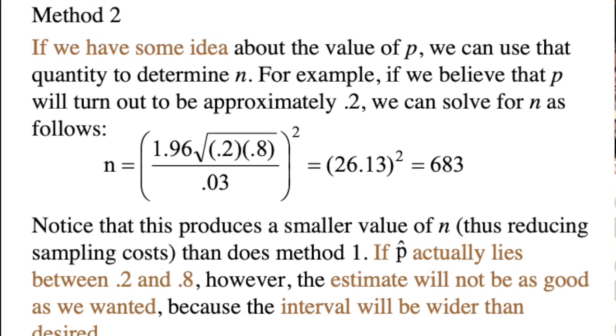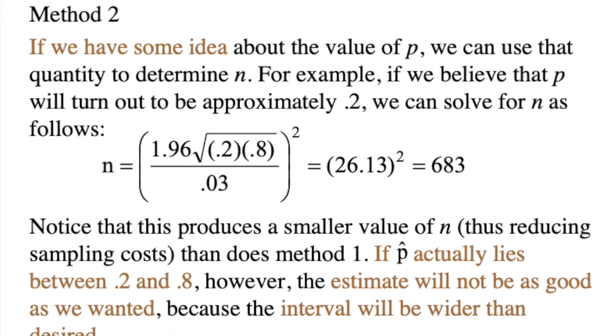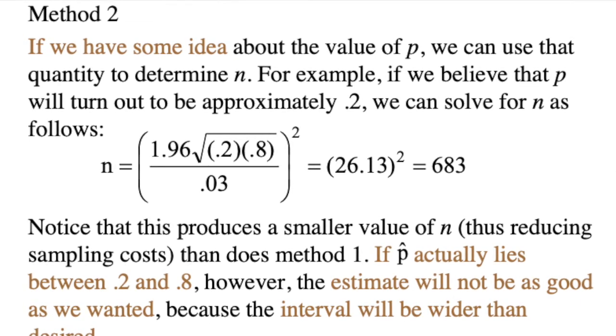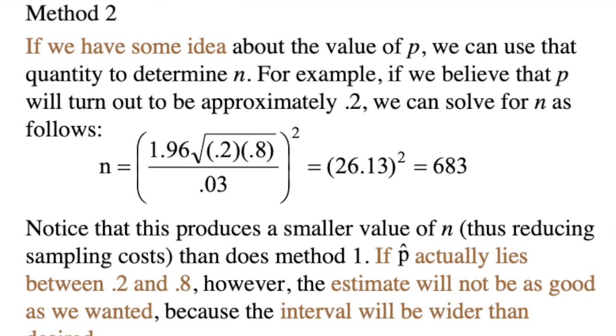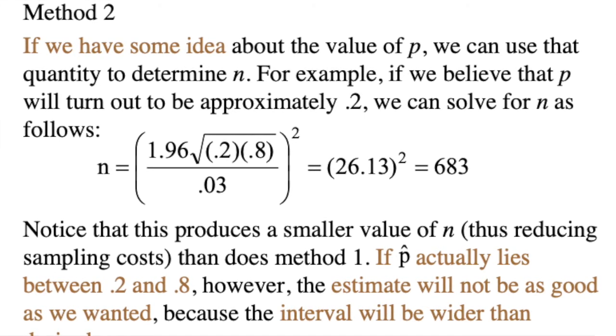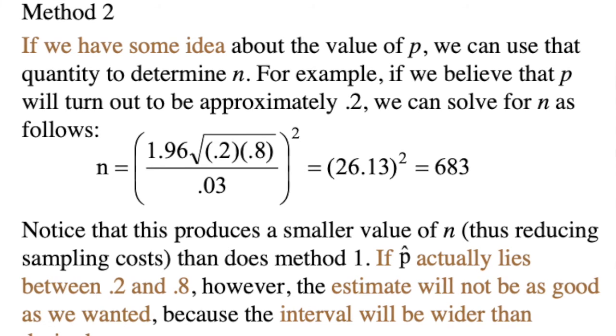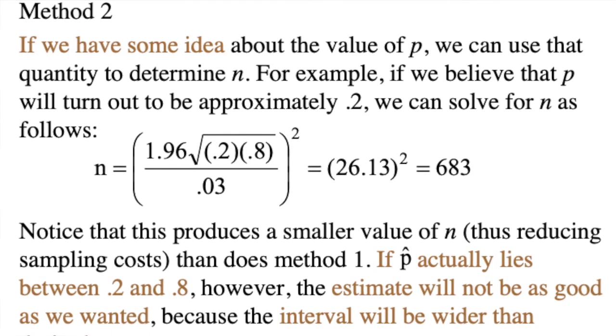The only problem with this method is if we are wrong, it depends how we are wrong. If you're wrong in the one direction, in the sense that P ends up being smaller than the 20%, so further away from the 50% that was our estimate, we are still fine, right?